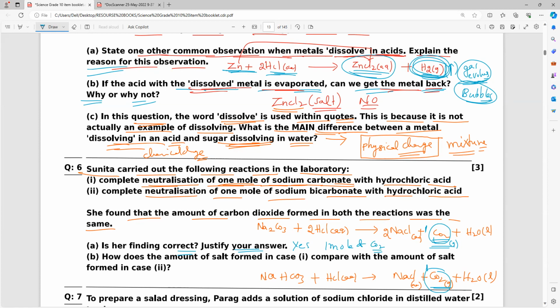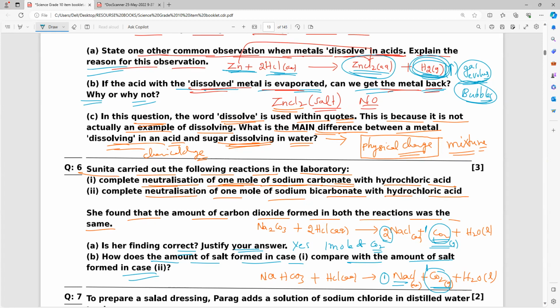Clear? Next, how does the amount of salt formed in case 1 compare with the amount of salt formed in case 2? Case 1, how many moles of salt? 2 moles. Case 2, how many moles of salt? 1 mole.